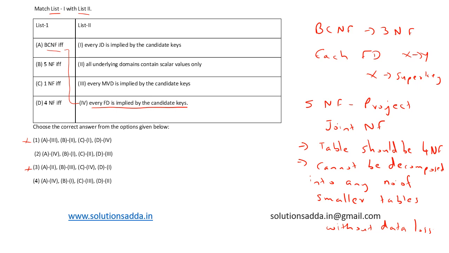Here every joint dependency is implied by the candidate key. That is the basic criteria. So B maps to 1. So 2 or 4 can be the correct option.